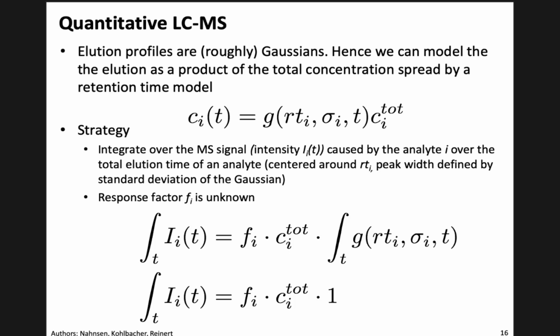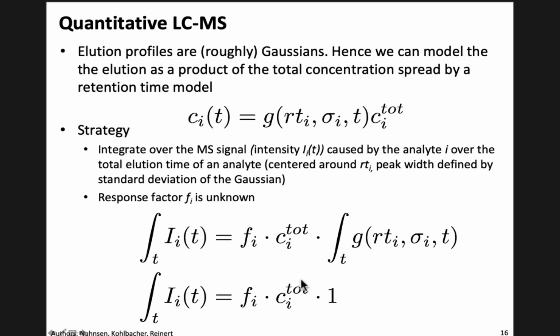So we could argue, if we can model this concentration profile as a Gaussian, then we basically take the total concentration in our original sample, and we multiply that with a Gaussian function that is centered around the retention time of the analyte, the median retention time, and some peak width. And that basically tells us what the concentration would be over time.